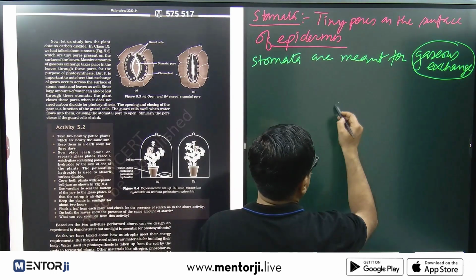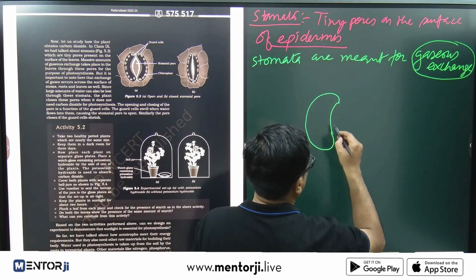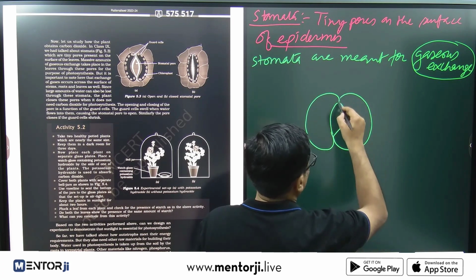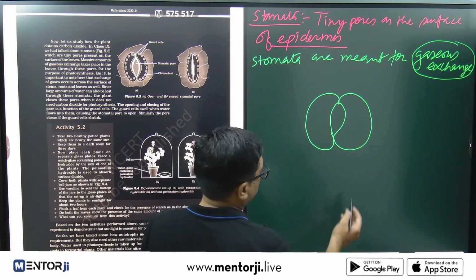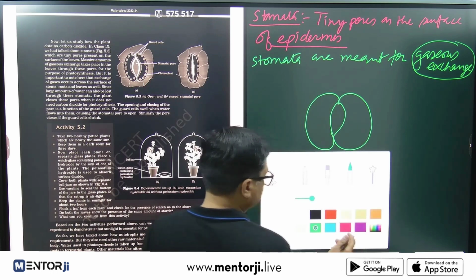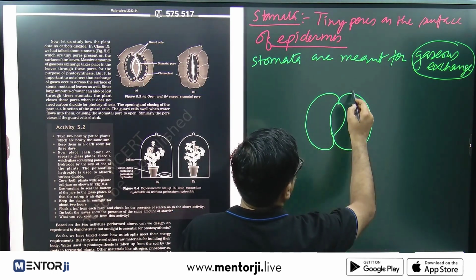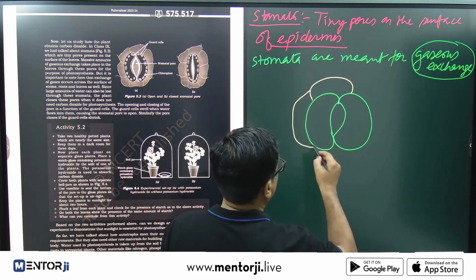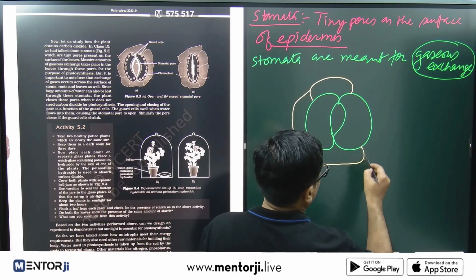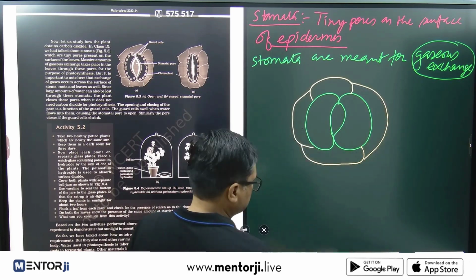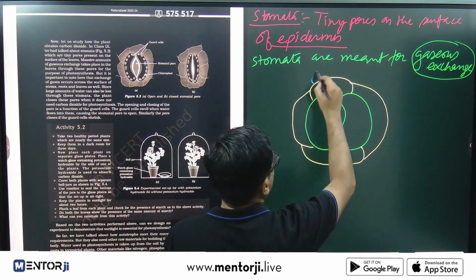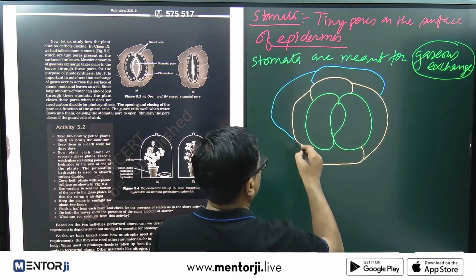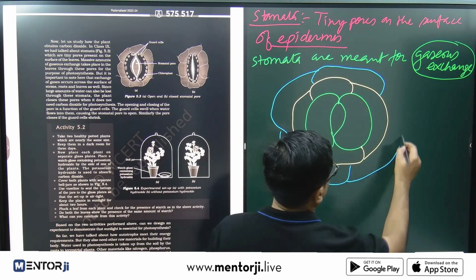If we take the open stomata diagram, you can see here the stomata, guard cells, and the outside subsidiary cells, and then the outside epidermal cells. So this is the diagram.